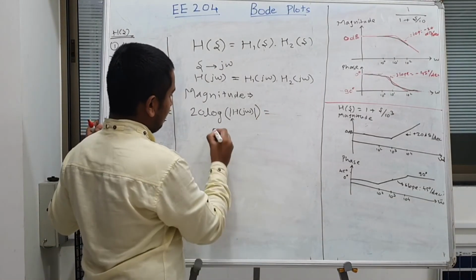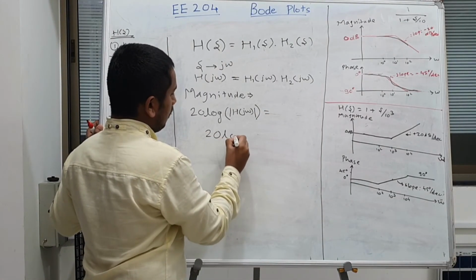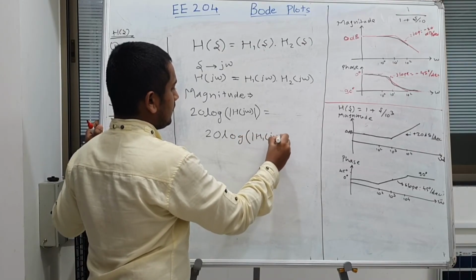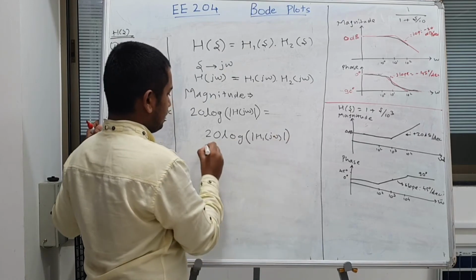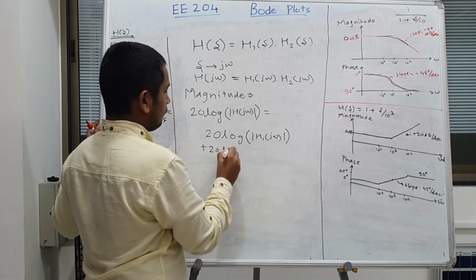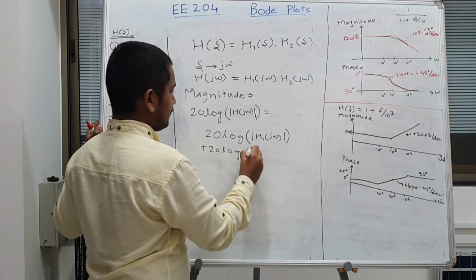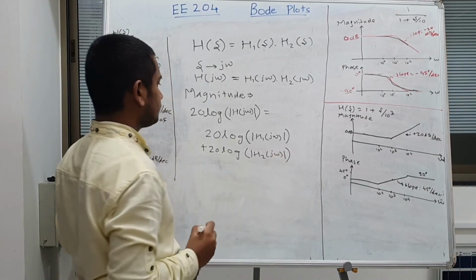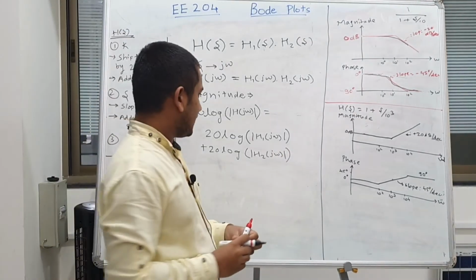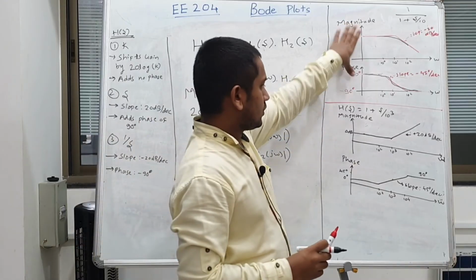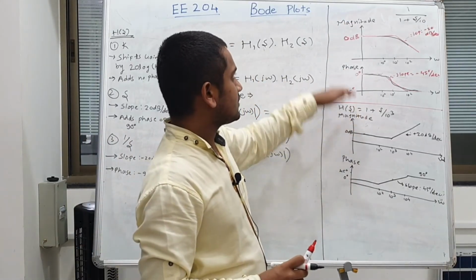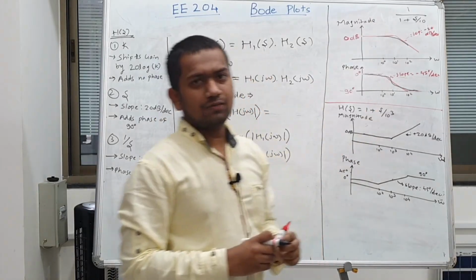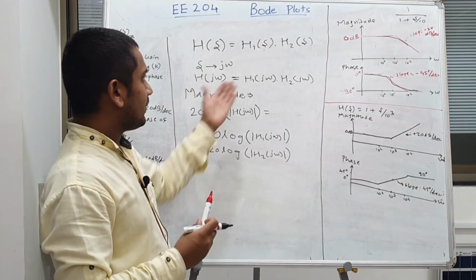Using that property, we can write it as 20 log of h1 of j omega plus 20 log of h2 of j omega. It means that the magnitude plots of different transfer functions can be added if those transfer functions are multiplied together.